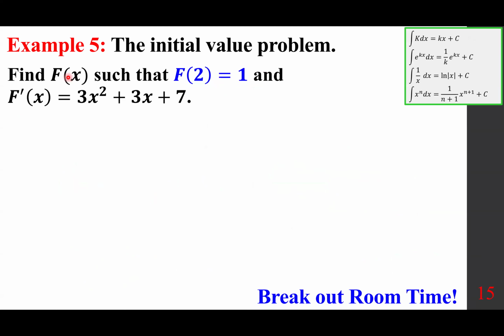The initial value problem: find capital F of x such that capital F of 2 equals 1 and capital F prime equals 3x squared plus 3x plus 7. Please understand this is dy dx. So what we want to find is capital F of x by integrating this side times dx.